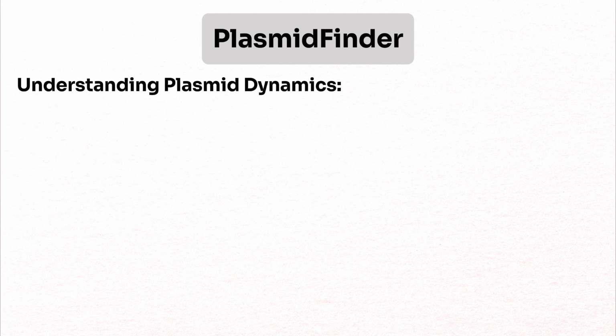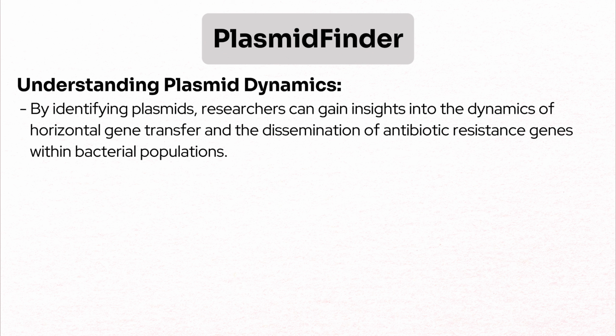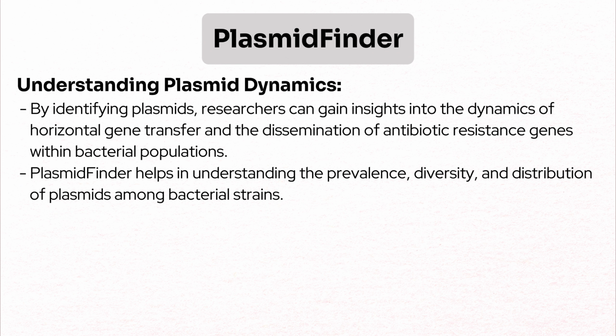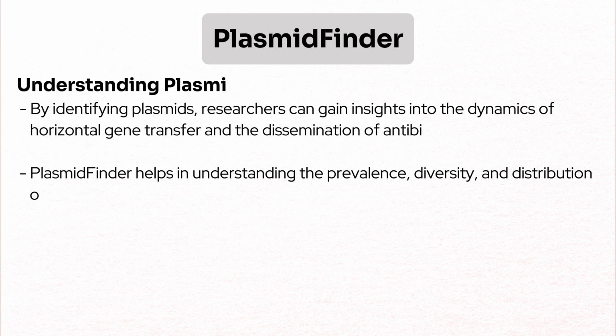Understanding plasmid dynamics. By identifying plasmids, researchers can gain insights into the dynamics of horizontal gene transfer and the dissemination of antibiotic resistance genes within bacterial populations. Plasmid Finder helps in understanding the prevalence, diversity, and distribution of plasmids among bacterial strains.